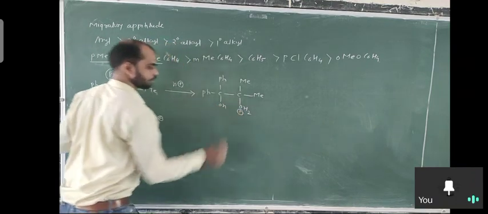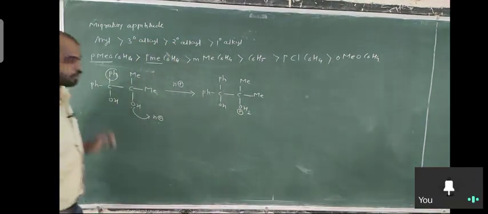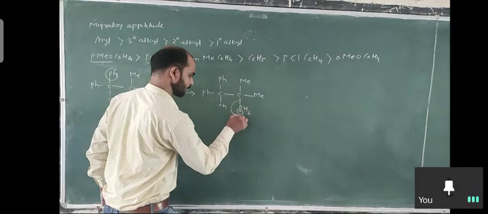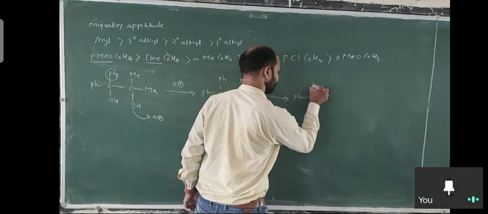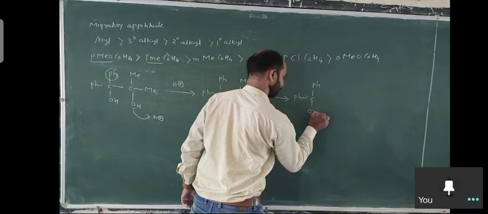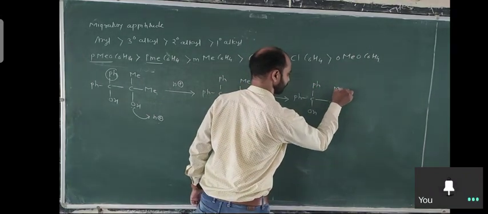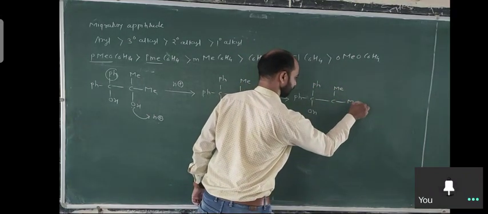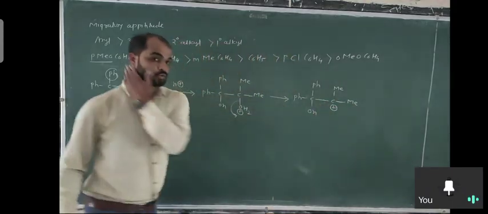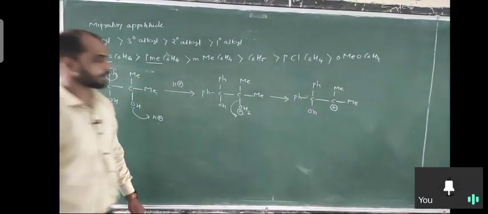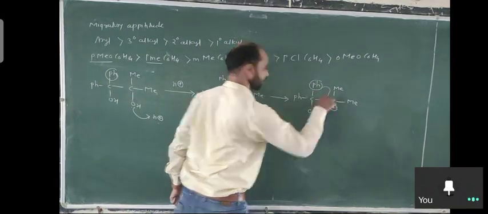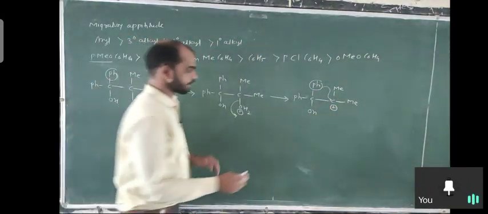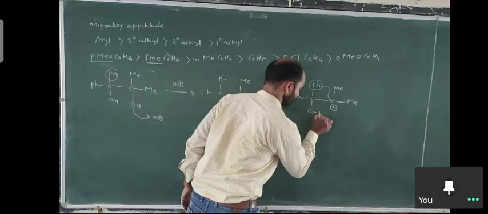So H2O is formed and lost first, and a carbocation is formed. Okay, formation of carbocation. So this group is migrated here. You can write this mechanism this way.